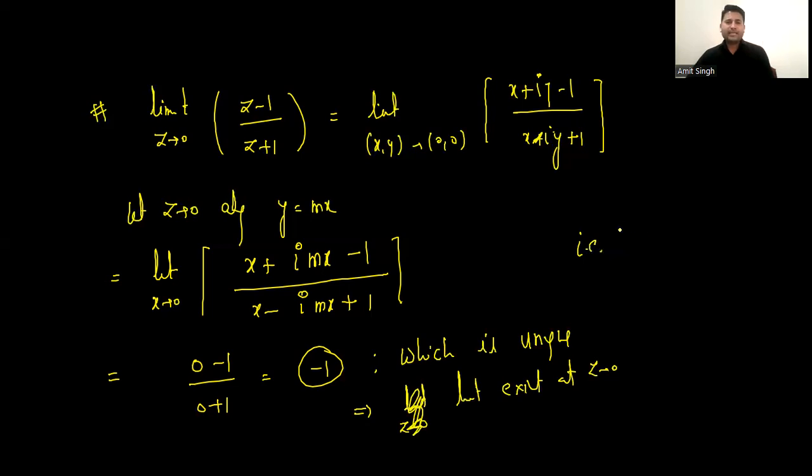And how to write it? We can write the limit as z tends to 0 of the function z minus 1 over z plus 1 is how much? Minus 1. This is the solution for this problem. I hope it's clear to you how one can find the limit of a complex function.